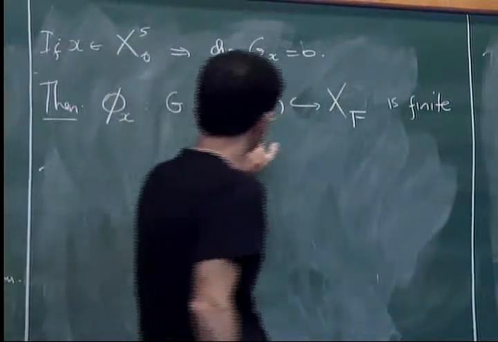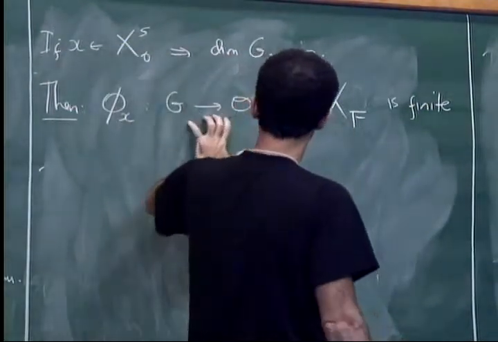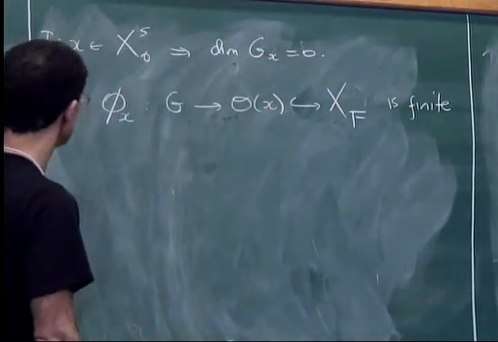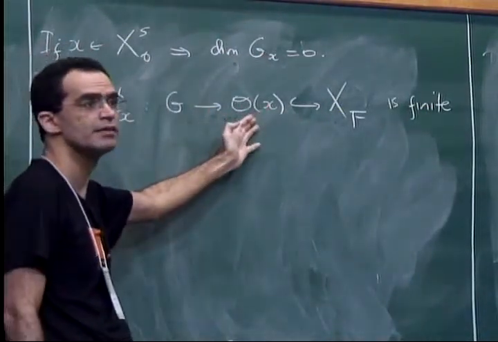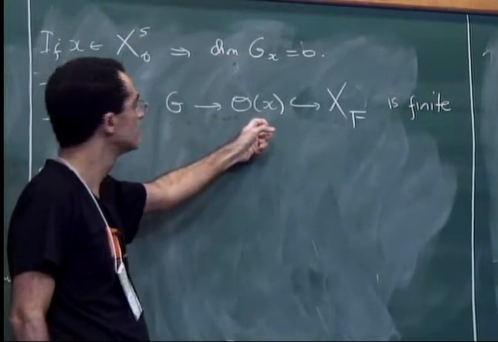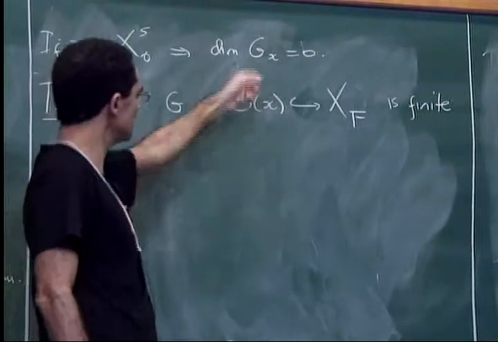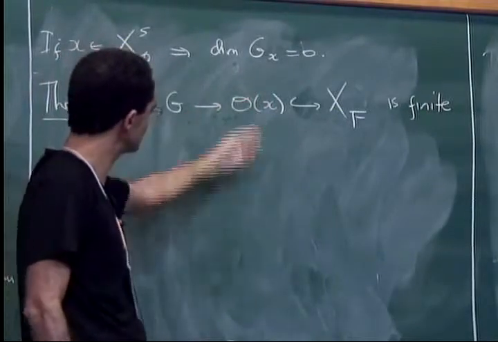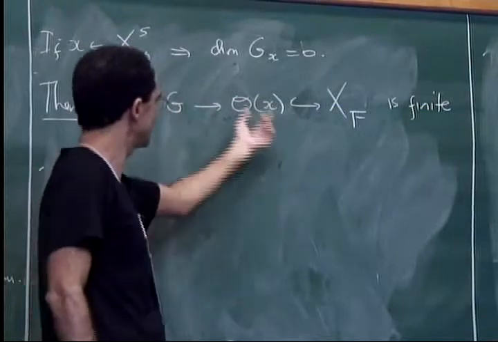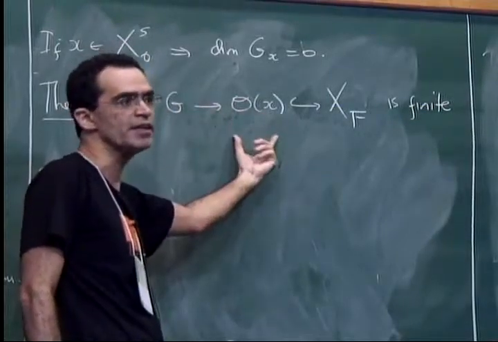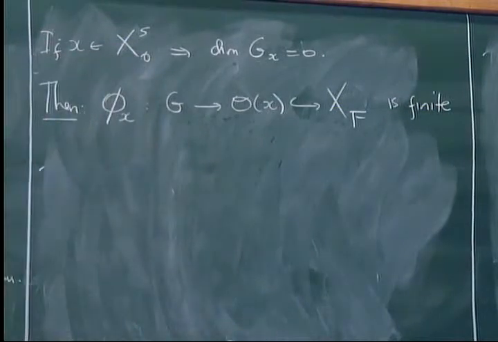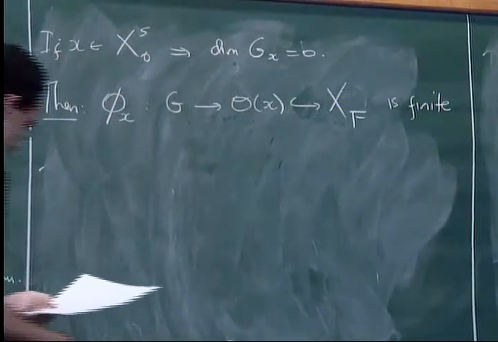So this is just a closed embedding. Right? So what I'm saying is that this map is finite. But since the dimension of stabilizer is 0, all the fibers are finite. Okay, so that means that this map is generically finite. Right? But since the orbit is transitive, we do just as in the first proposition we proved. We take this open subset where the map is finite, and then we translate, and we cover the whole thing. Right? So then the map is finite. Okay? So that's just that.